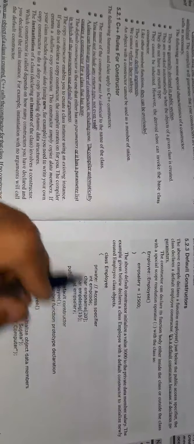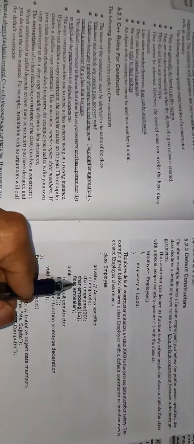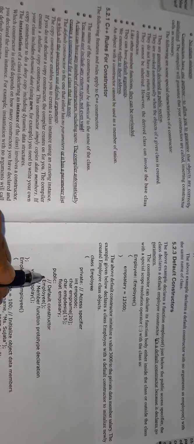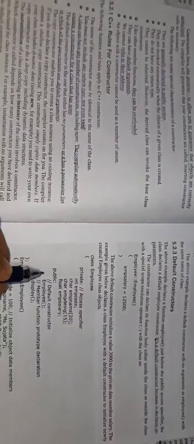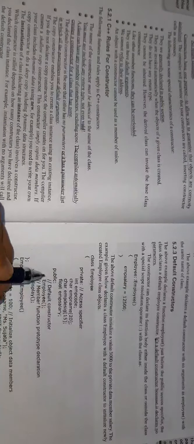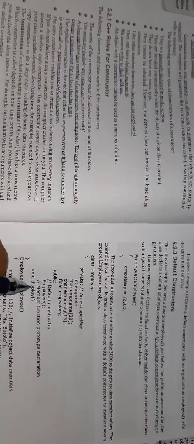Number two. Constructors don't have a return type. So this point, no return type, no return statement. As you can see here, and you'll see in all the other programs, this is a normal member function where the return type is void.